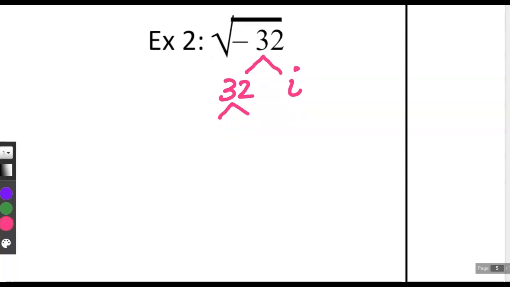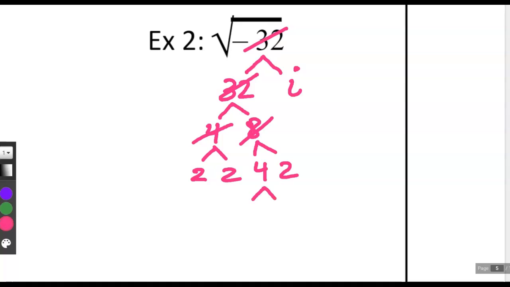What goes into 32? 4 times 8. What goes into 4? 2 and 2. What goes into 8? And what goes into 4?